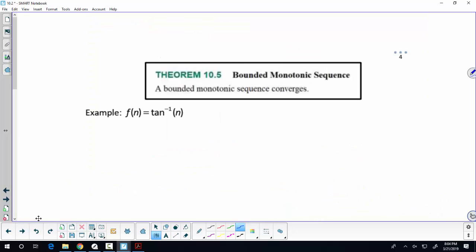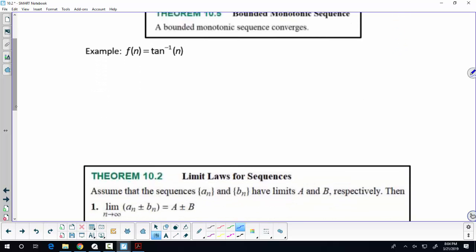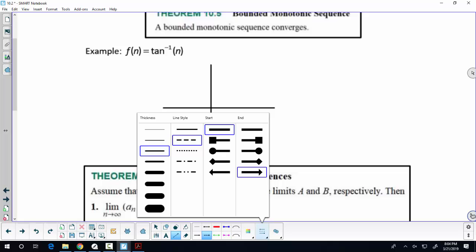Another theorem is the bounded monotonic sequence. Any bounded monotonic sequence will converge. So just a brief example here with the inverse tangent. The asymptotes for inverse tangent were what? Pi over 2 and negative pi over 2.